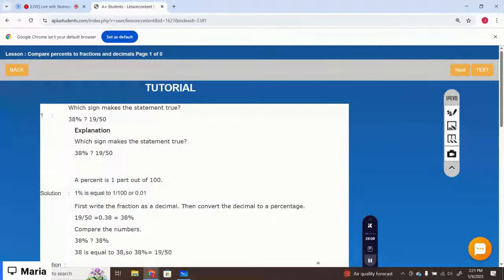Which sign makes the statement true: 38% or 19 over 50?